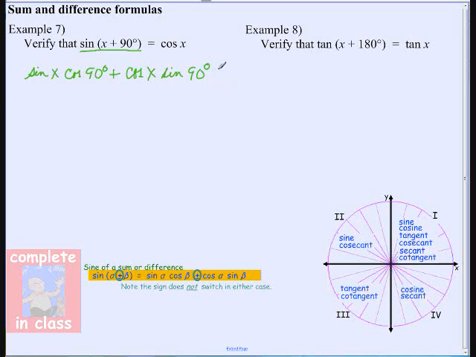Now sine of 90 degrees is 1 and cosine of 90 degrees is 0. So this zeroes out. This becomes just cosine x. Done.